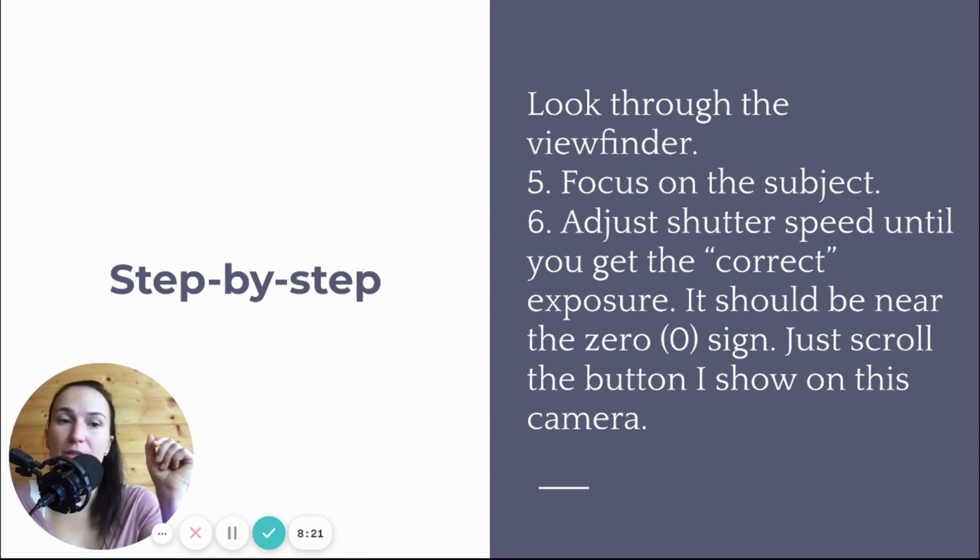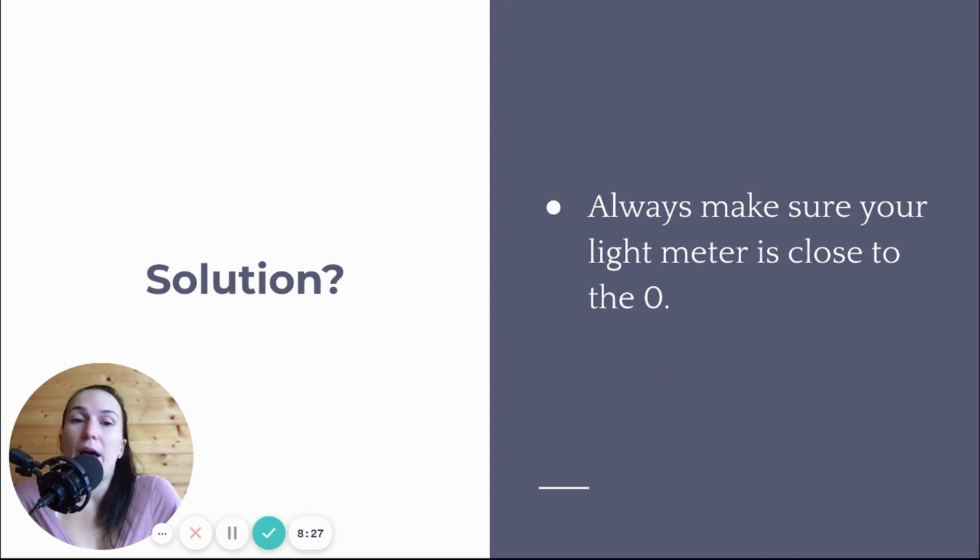Just scroll the button and you can see what's happening in the viewfinder as well. And then always make sure that your light meter is close to 0, and then you will get a pretty correct exposure in general.